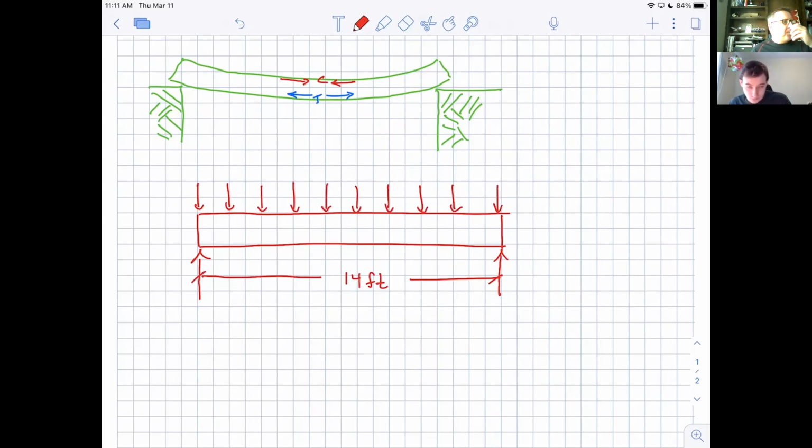We've talked about that a little bit, but let's put a load up there and say it's 580 pounds per foot.